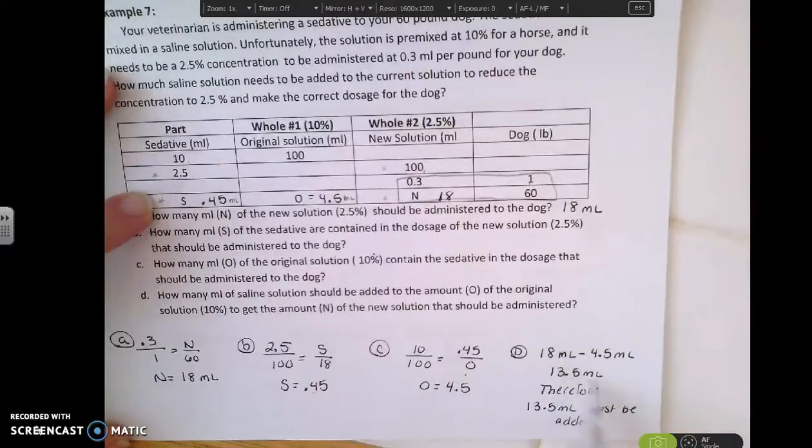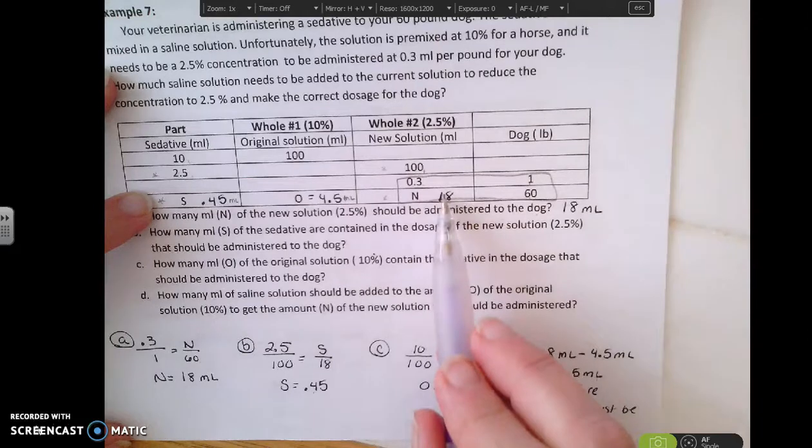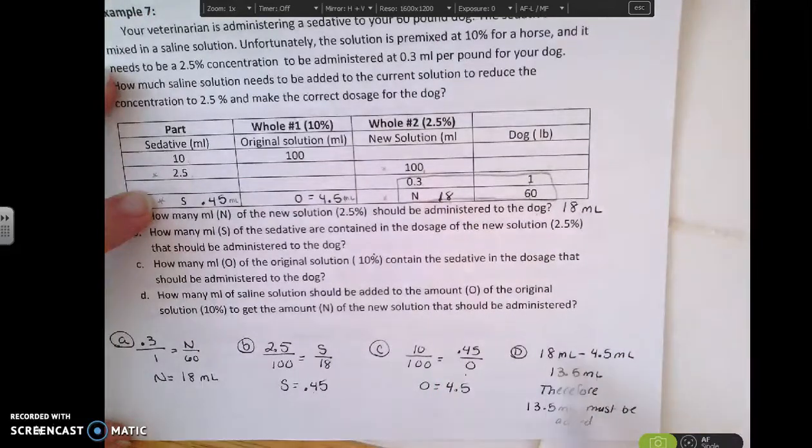It's 13.5 milliliters. So therefore, if I only want to give the dog basically 4.5 milliliters, but I have to give the dog 18 milliliters of the new solution, I'm going to water it down with saline by adding 13.5 milliliters of saline. So that's what we find out, is that much saline has to be added.